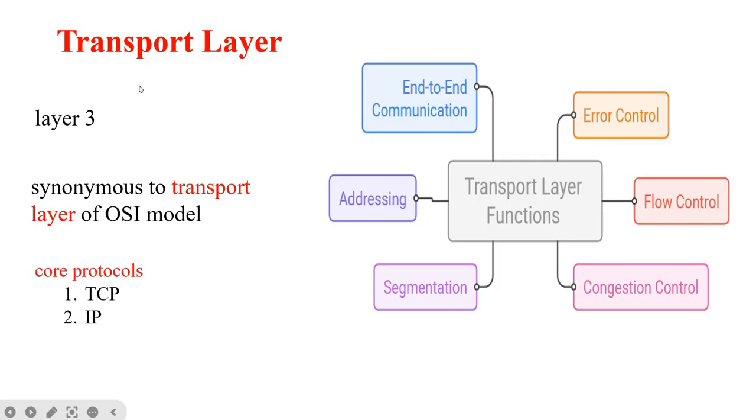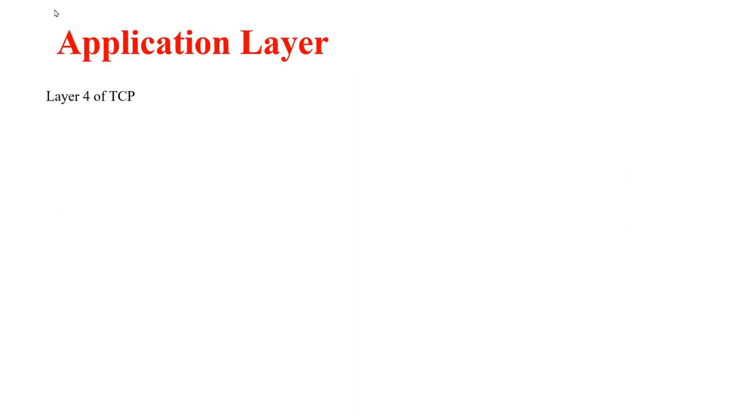The core protocols of this layer are TCP, the Transmission Control Protocol, and UDP. It is not IP, it should be UDP. These protocols enable the transport layer to provide either connection-oriented or connectionless services between two or more hosts on the network devices.